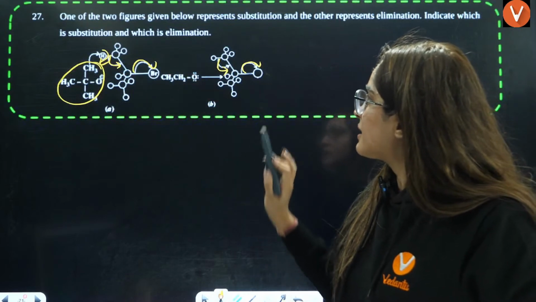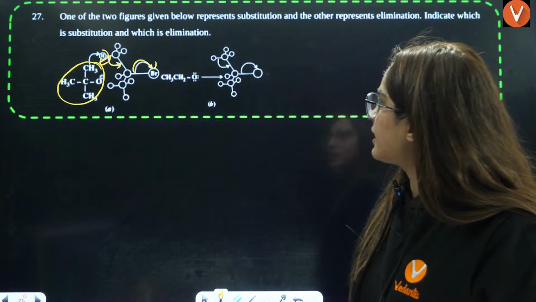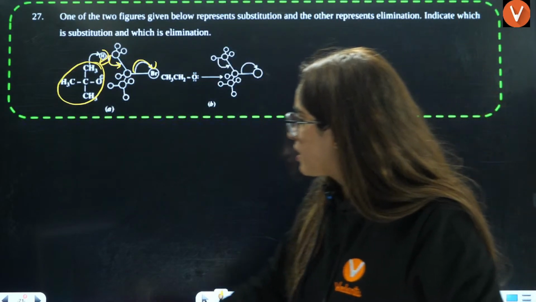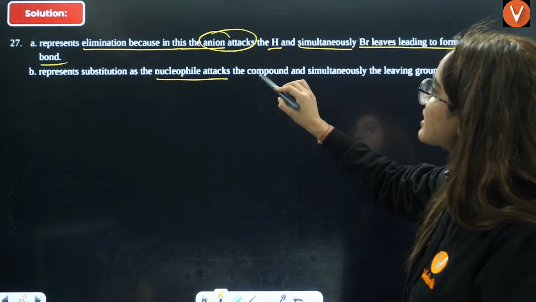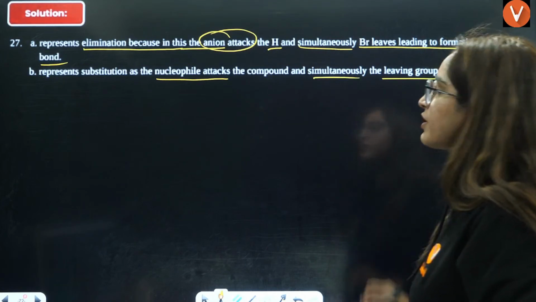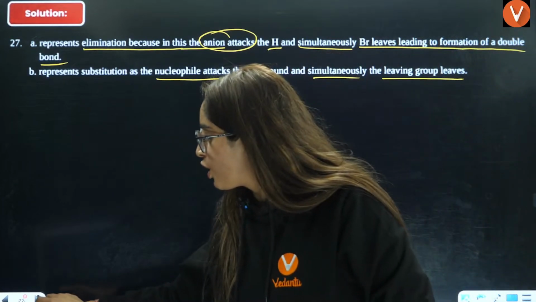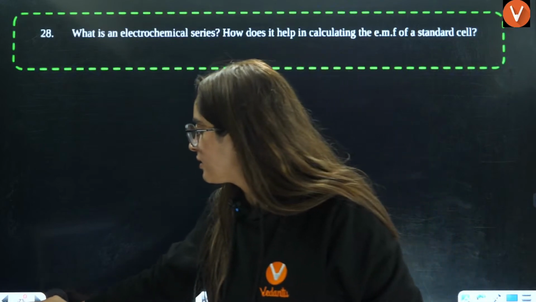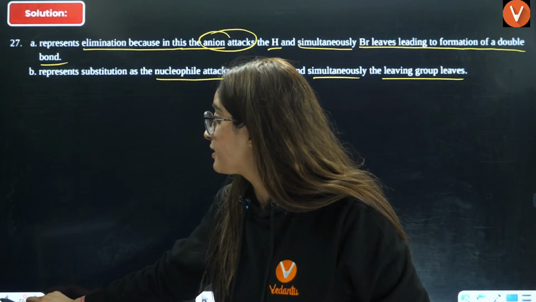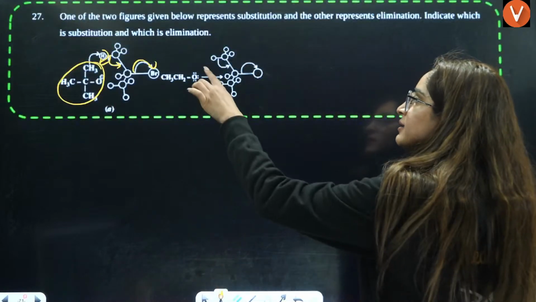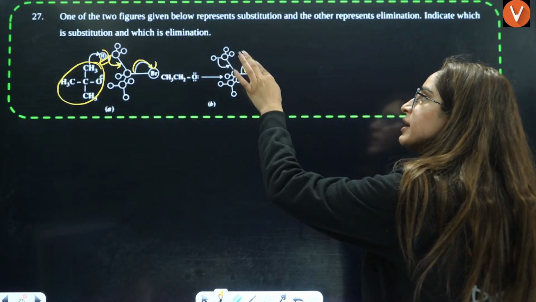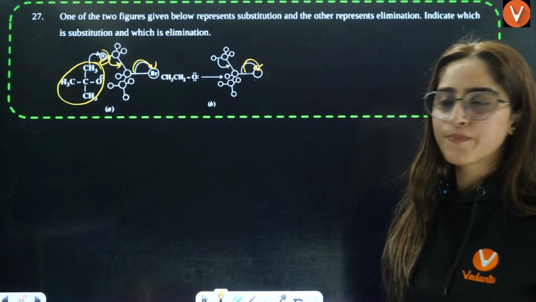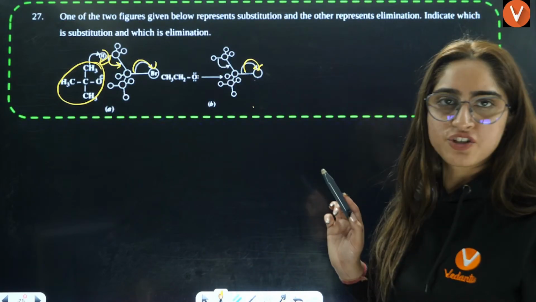Now here, this basically represents substitution as the nucleophile attacks the compound and simultaneously the leaving group leaves. So here this nucleophile is attacking, and this group is leaving to this side. So that is the substitution reaction.